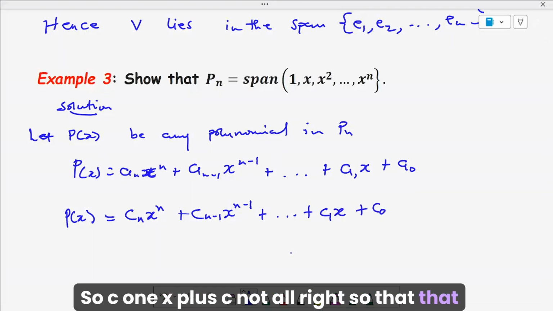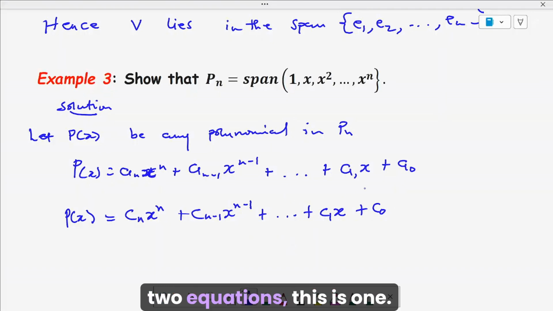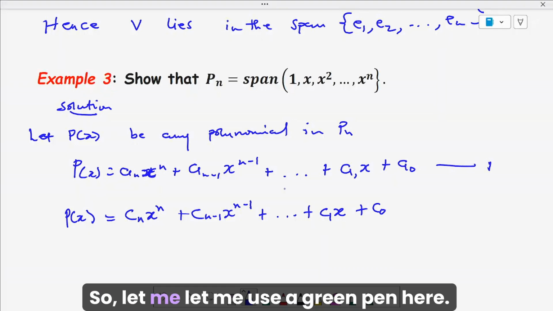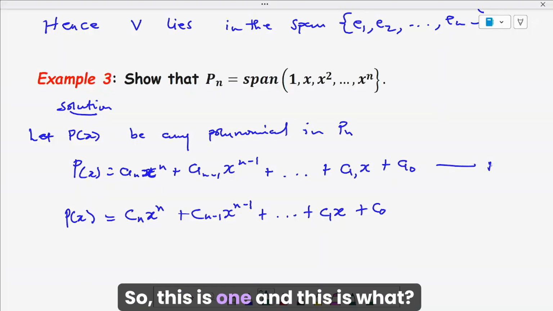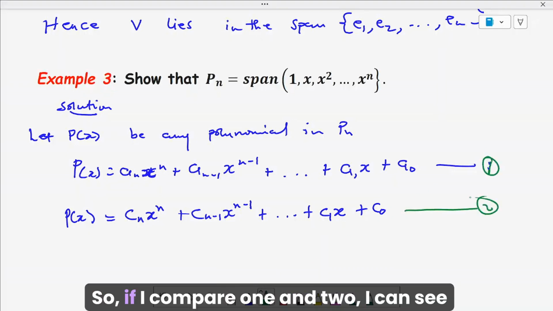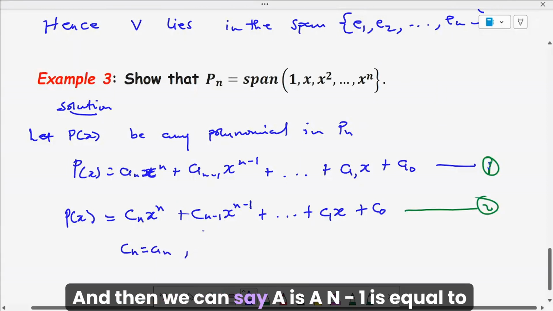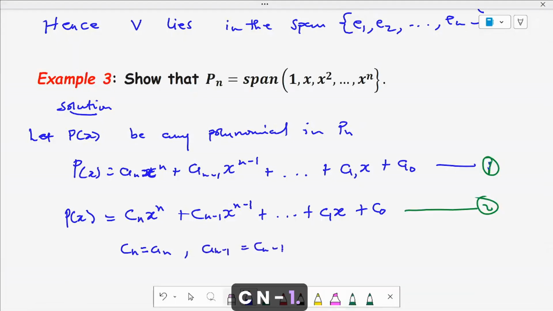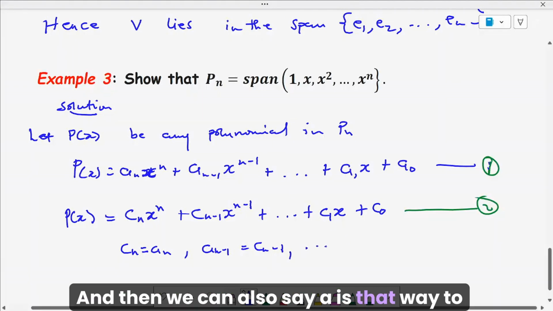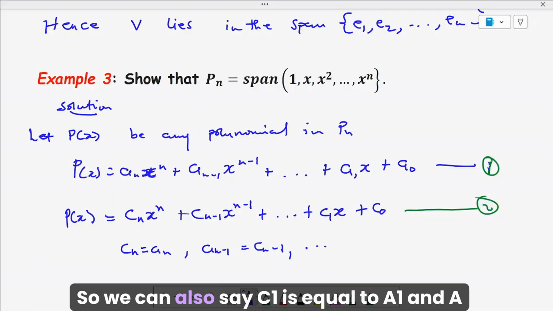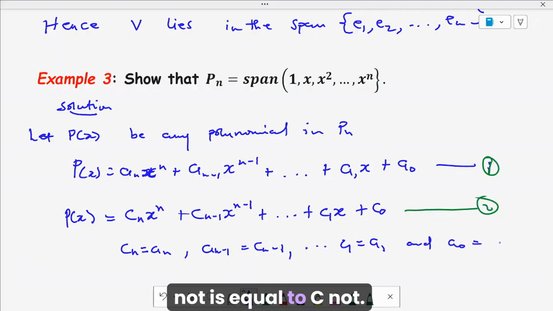So this is equation 1 and this is equation 2. If I compare 1 and 2, I can see that cn is equal to an, an minus 1 is equal to cn minus 1, and it continues that way, so c1 is equal to a1 and a naught is equal to c naught.